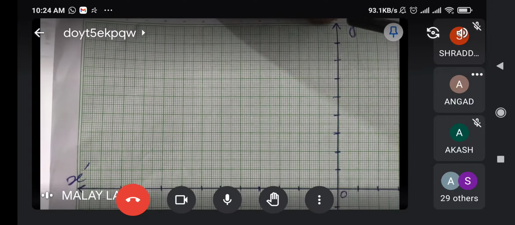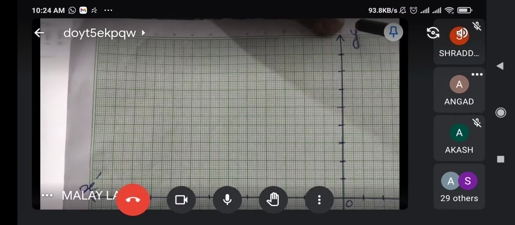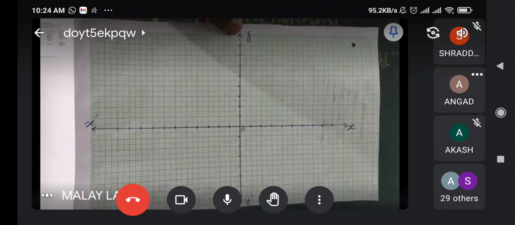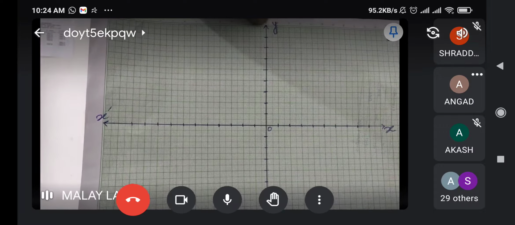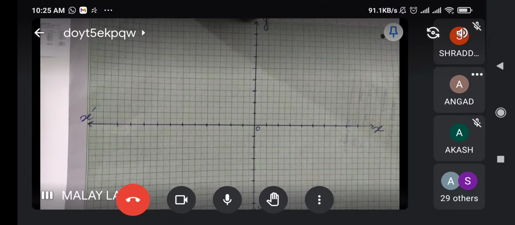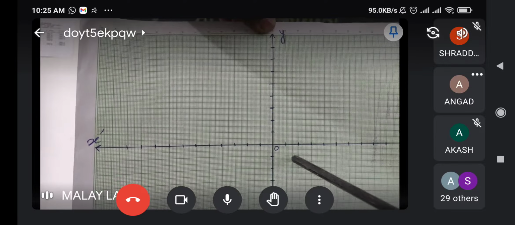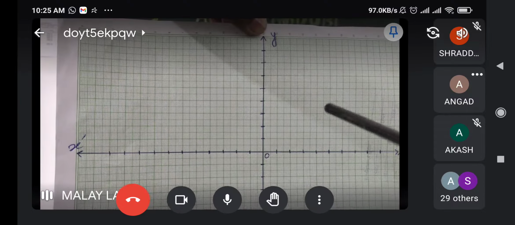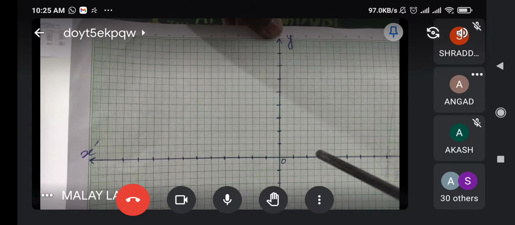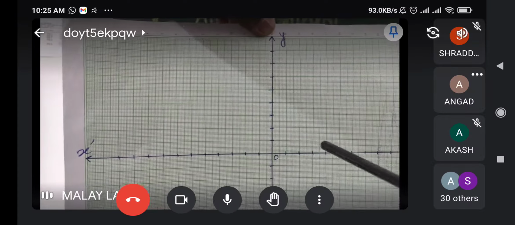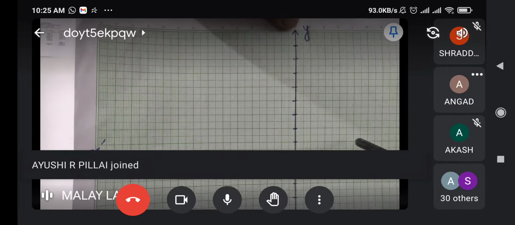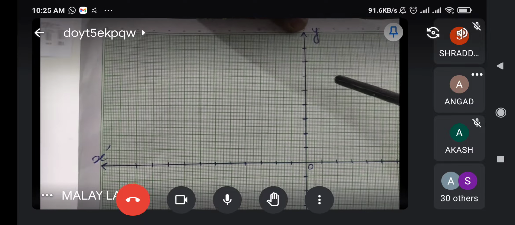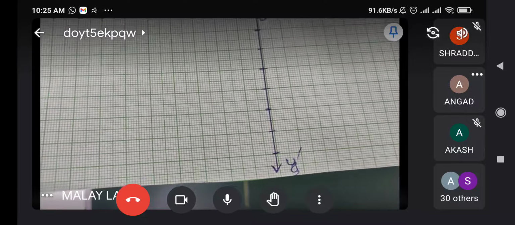On the y-axis, the top part from this intersection is positive and the bottom part is negative. Then you mark the centimeters 1, 2, 3, 4. Make it bold so that when counting the digits you can do it quickly. A small mark will be there, as on a centimeter scale. This way you have to mark.